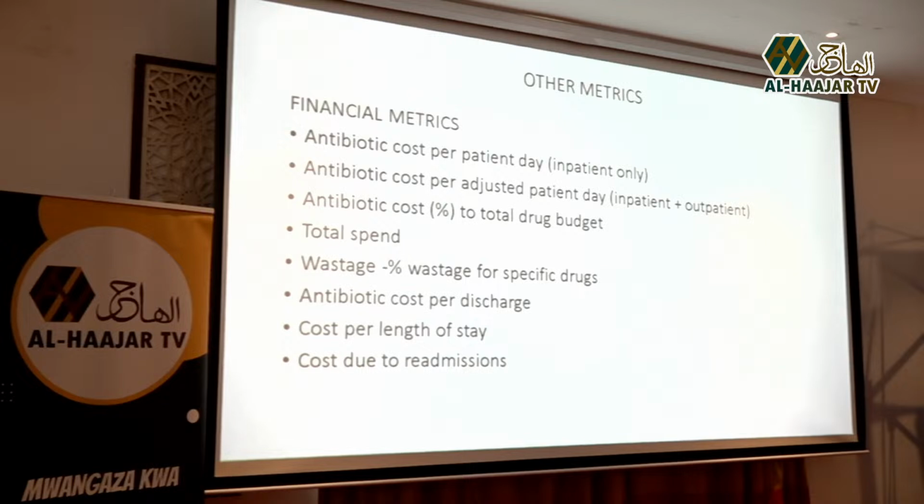What's the cost of 1 vial? What's the cost of 1 full dose you're giving to a patient? Antibiotic costs per adjusted patient day. We have antibiotic costs as a percentage of your total drug budget. How much is your entire budget compared to what your antibiotic budget is? And how much are you totally spending on your antibiotics?